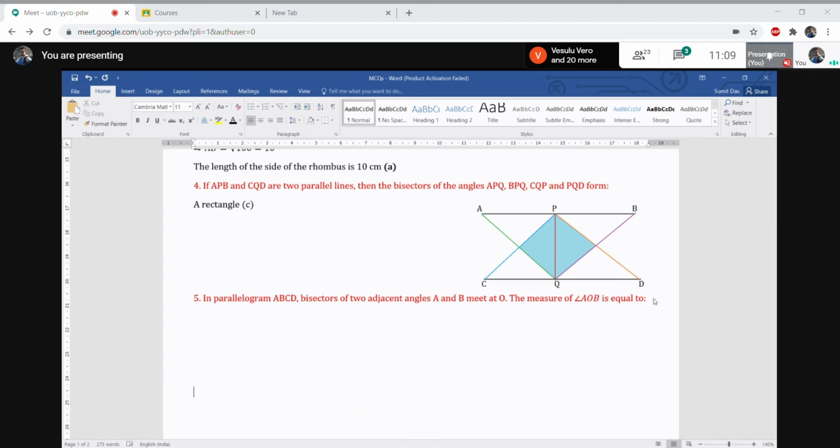Question number 5. ABCD is a parallelogram. The bisectors of two adjacent angles A and B meet at O. Find the angle AOB.